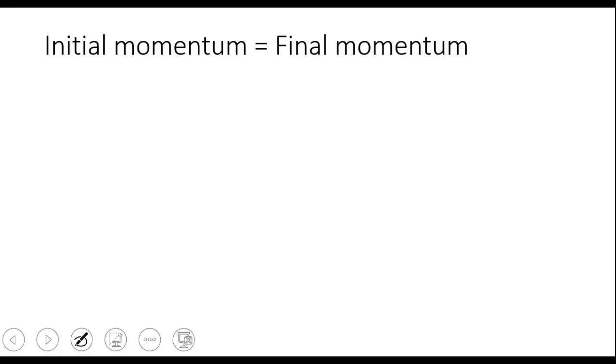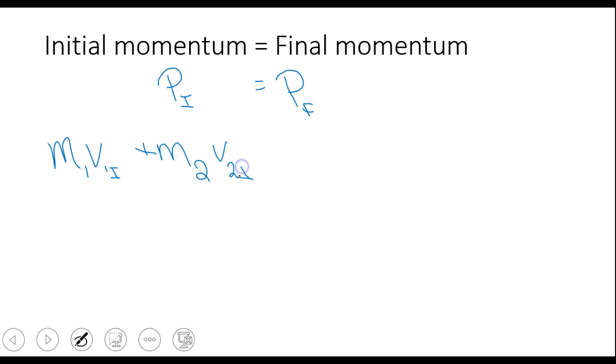Right, so when we have two objects, because of this law of conservation of momentum, we're going to say that the total initial momentum is equal to the total final momentum. So if we have two objects, then it's going to be the mass of object 1 and its initial velocity plus the mass of object 2 and its initial velocity.